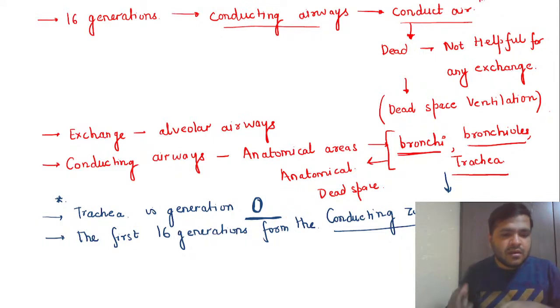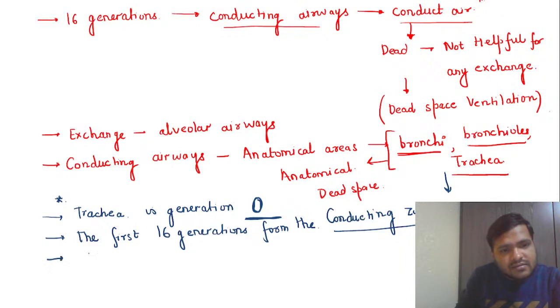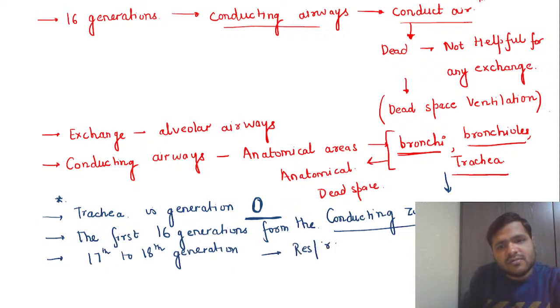Now, next is the 17th to 18th generation. Everyone knows it is the respiratory bronchioles.